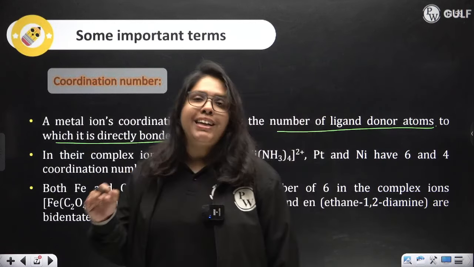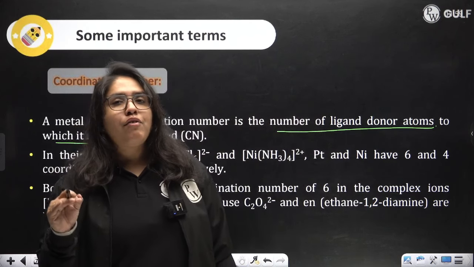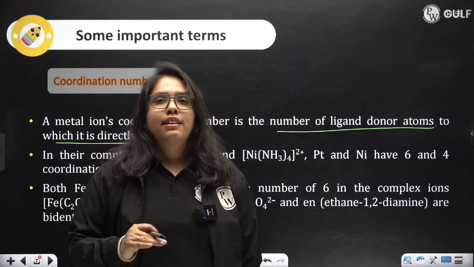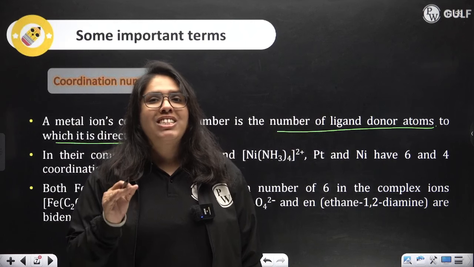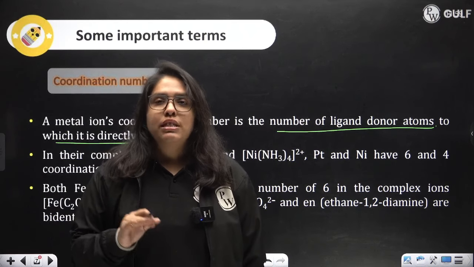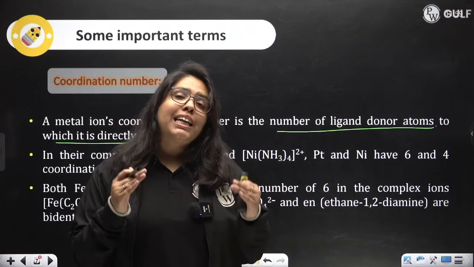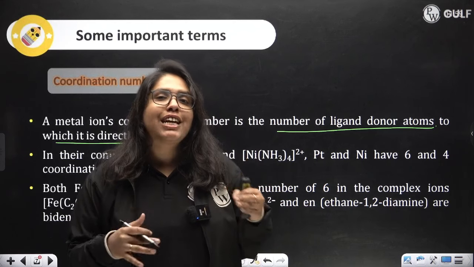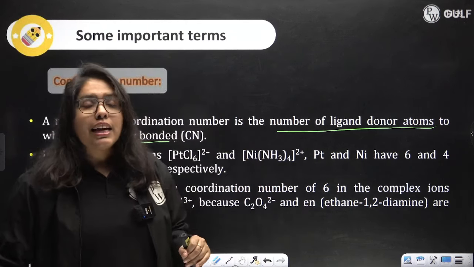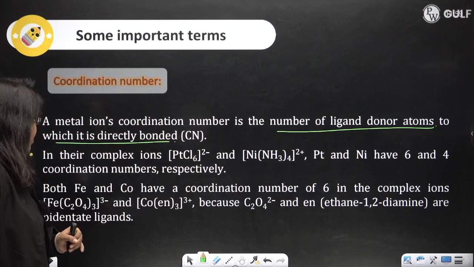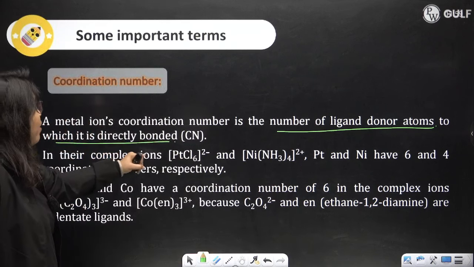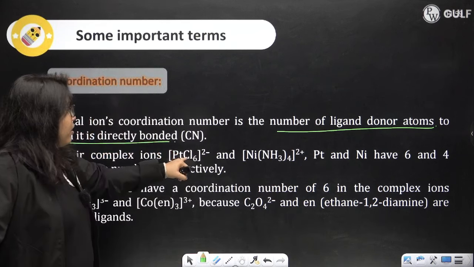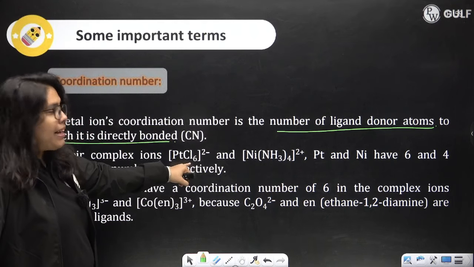If a metal can have 5 ligands, it will have 5 ligands. If it can have 6, it will have 6. That's about it, right? So this particular coordination number that we're emphasizing is fixed. That is what you're supposed to know. So in these complex ions, when you look at the platinum and chloride complex, what do you see?